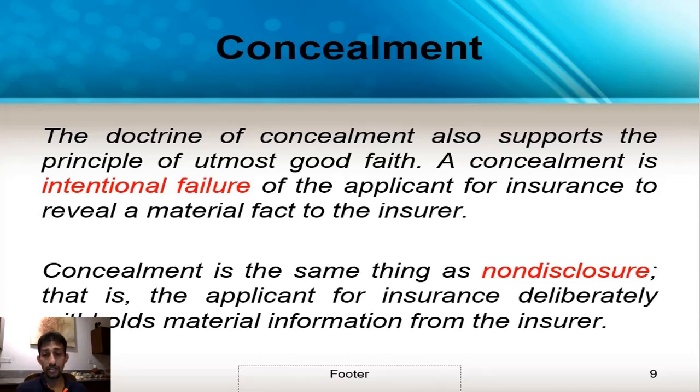That is, the applicant of the insurance deliberately withholds material information from the insurer, which has a serious damage to the insurance policy.